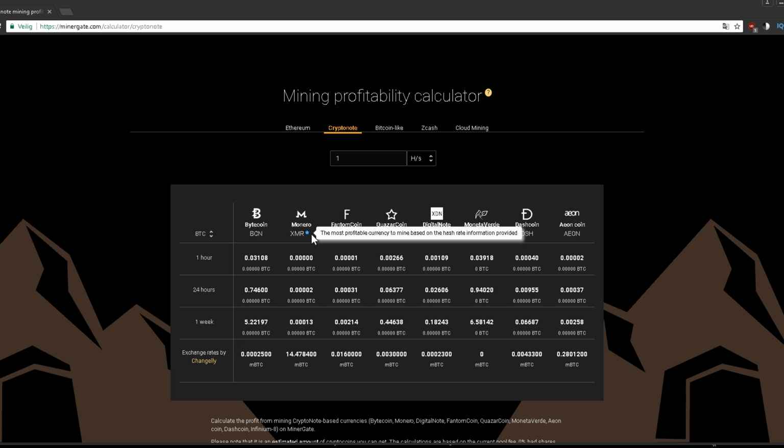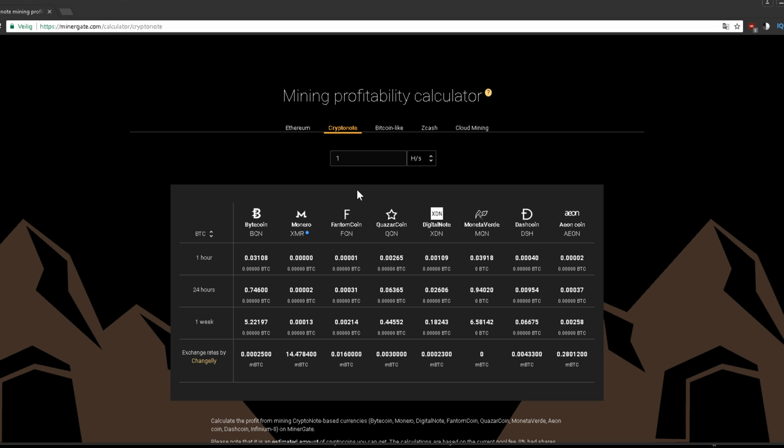Most profitable currency that can be argued, because what is most profitable tomorrow or in 10 days? We don't know what Monero will do. We don't know what other coins will do.